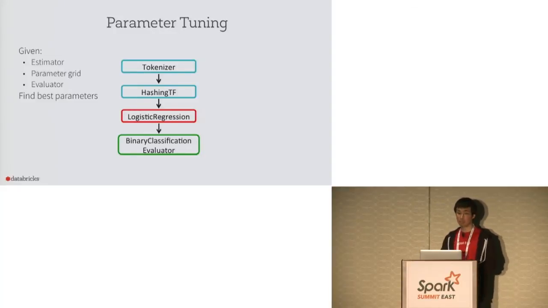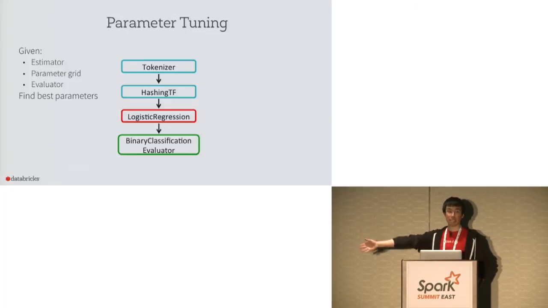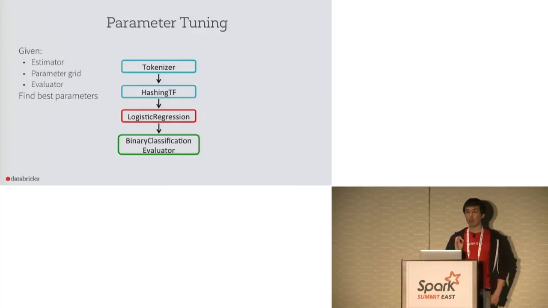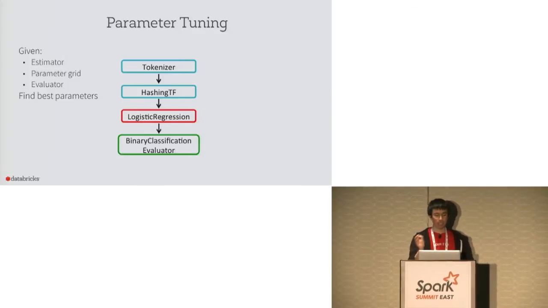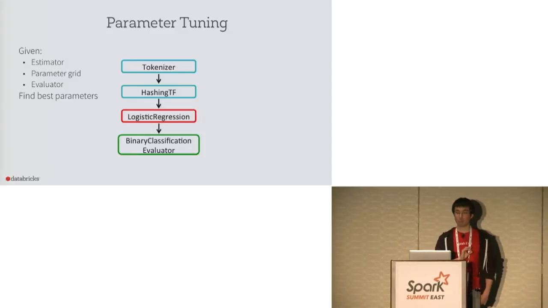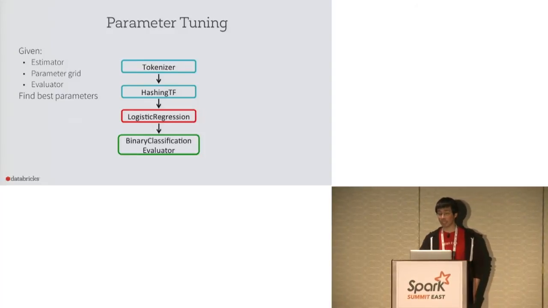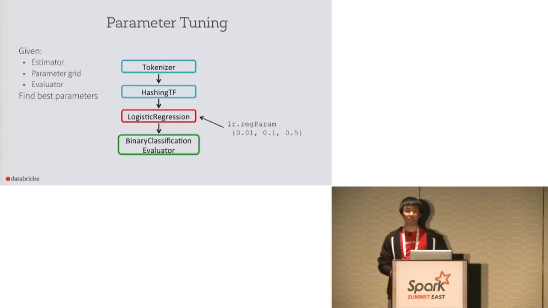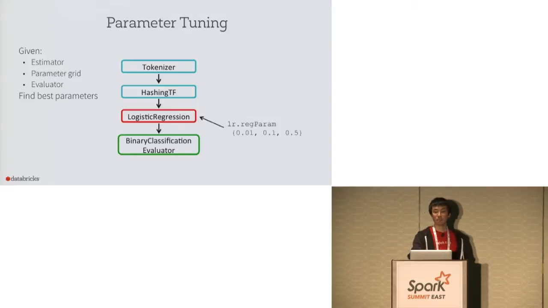But really what this is for is parameter tuning. The standardized API lets us do the following. If we're given an estimator, say logistic regression, a grid of parameters to search over, and an evaluator to say how well a model trained on a particular set of parameters is doing, we can find the best set of parameters. So here, logistic regression has a parameter for regularization. We might want to try out a few values.